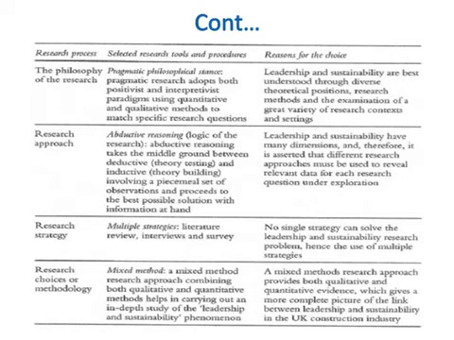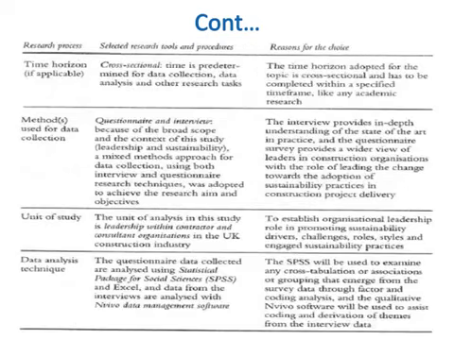Thus, you have relevant evidence, that is, why you have selected research tools and procedures based on reasons for the choice of any information regarding research, such as research philosophy, research approach, research strategy and research choices or methodology. Further, you need time horizon if applicable, methods used for data collection, unit of study and data analysis techniques.